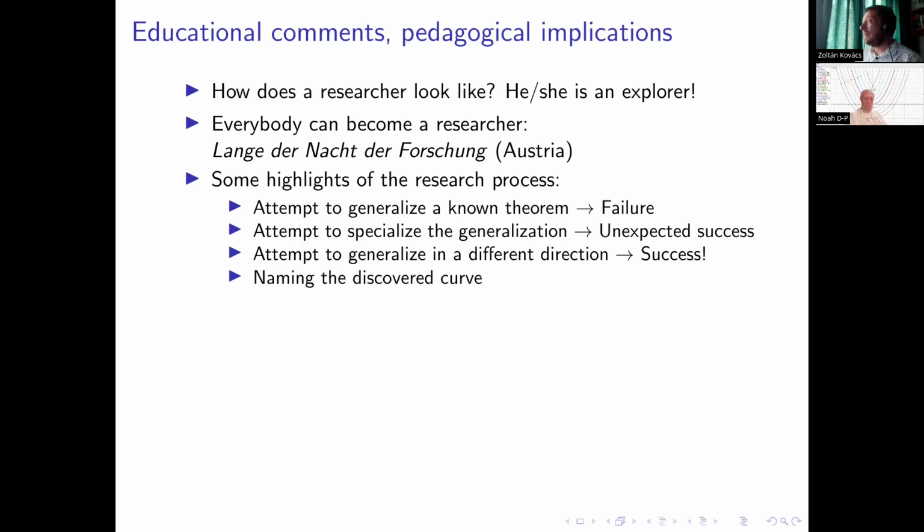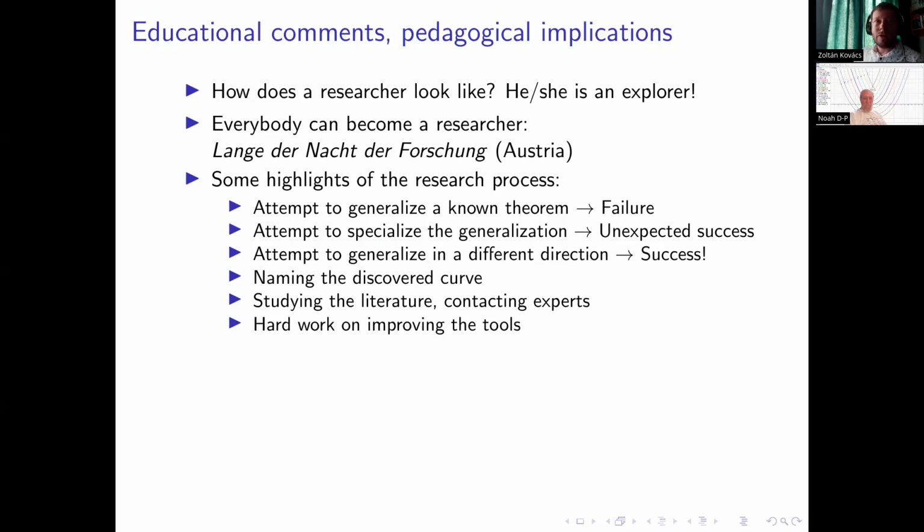So we were happy with that, and then we tried to name this curve. Then after studying the literature and contacting other experts, we tried to work hard on the tools to get even more beautiful results. It's a work in progress, and then we tried to work hard on proving the results, and it was, in some sense, again successful.